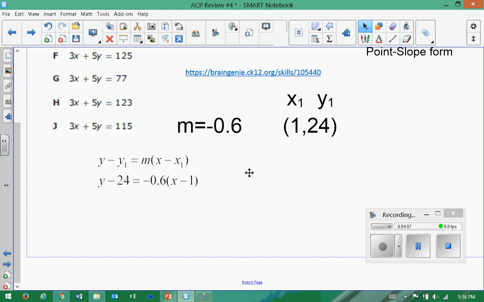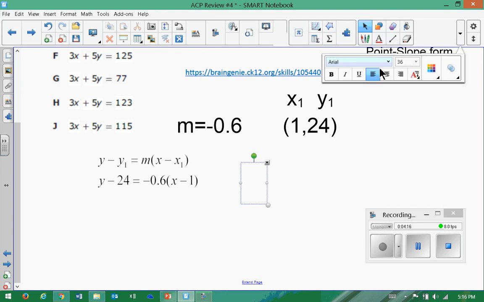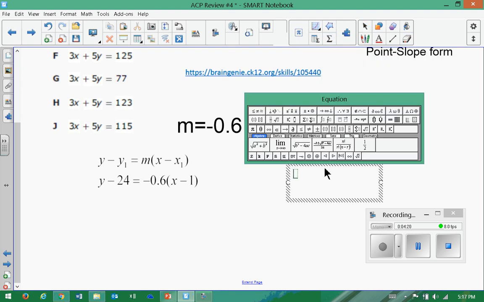But I know from elementary school that negative 0.6 exactly is the same as negative 3/5.